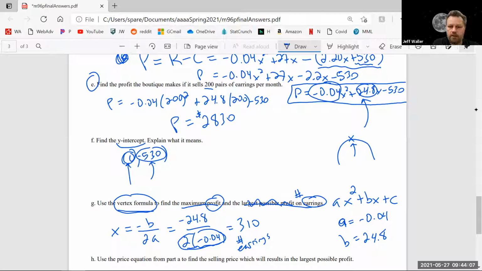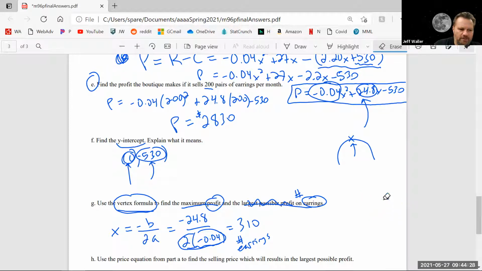All right. And then how do I figure out what the profit is? If only I had a function for profit. If only I had an equation that would tell me what the profit is if I know what x is.